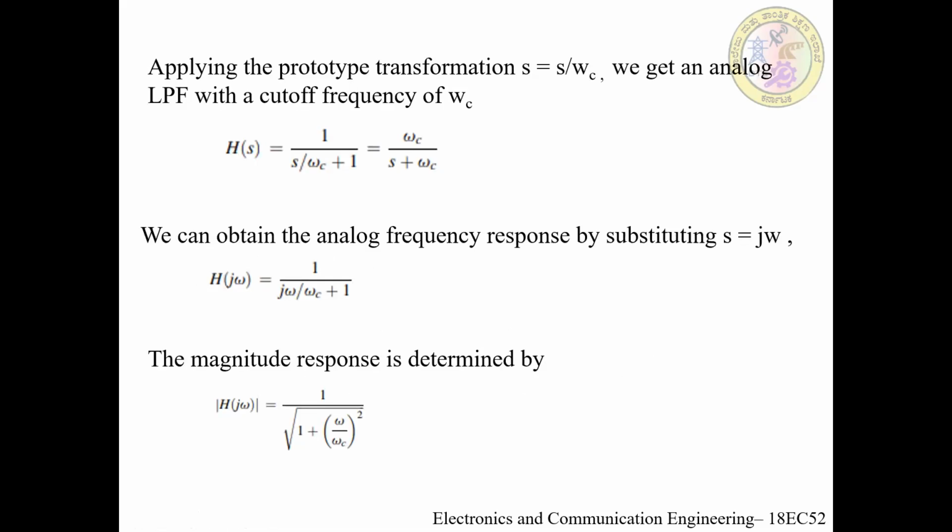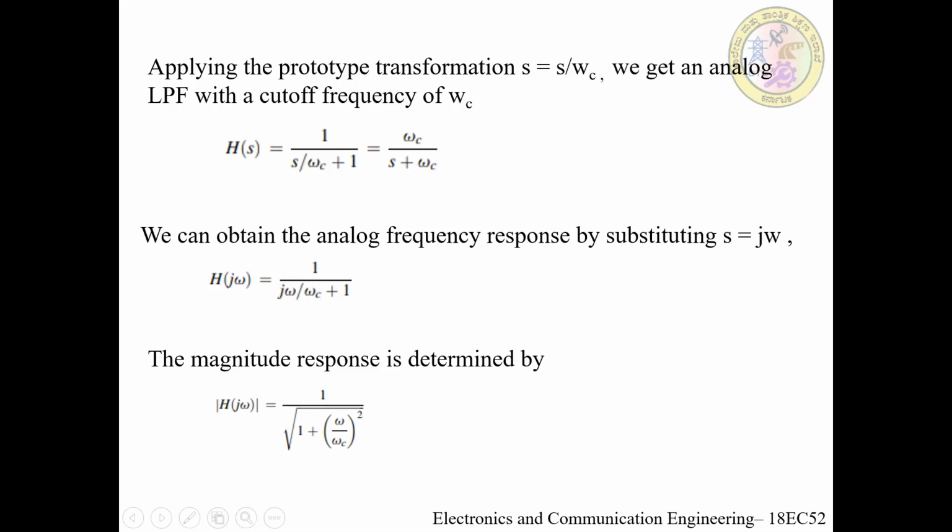Similarly, we can verify the gains at omega equal to 0, omega equal to the cutoff frequency, omega equal to 100 omega c, omega equal to 10,000 omega c. They give values like 1 by root 2, 0.0995, 0.01, like that. The filter gain at cutoff frequency omega c is 1 by root 2 and the DC gain is 1.